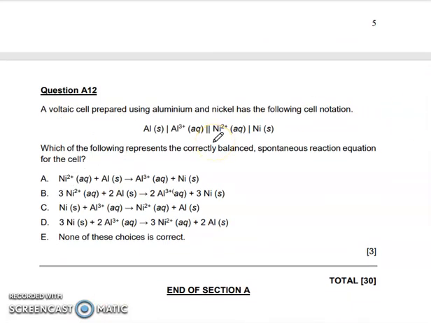And then this question. Oh, you do not have to be lazy. Don't ever be lazy for these types of questions. Just do the whole thing. This is the anode and that's the cathode. The anode is always written here, the cathode is there, and this is where oxidation happens.